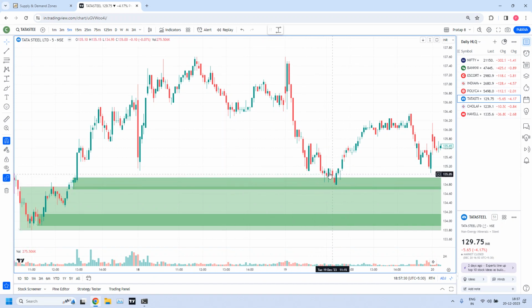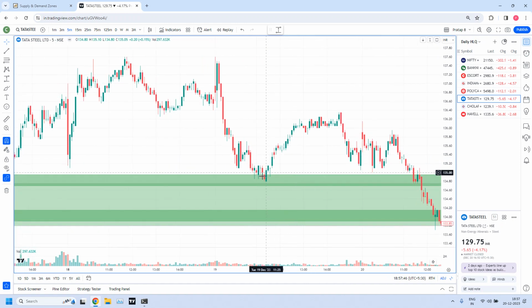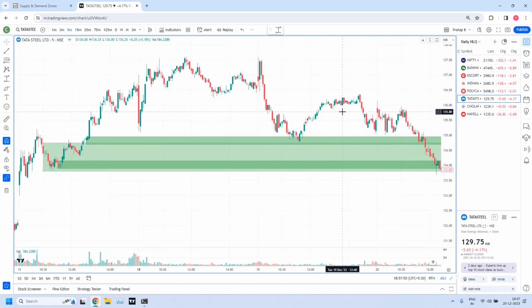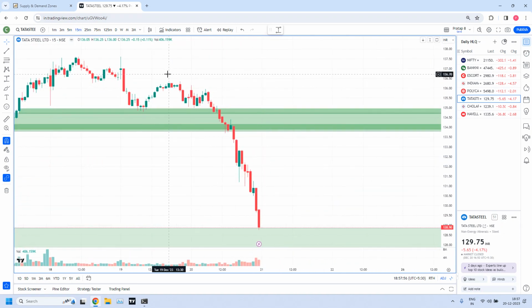This is a successful zone we identified previously, and we took this trade. We know this is a successful trade because there was a rejection earlier before this zone. After that, prices went up. Next time, prices entered into this area, and it was successful. And from here, it reached its 15 minutes target.